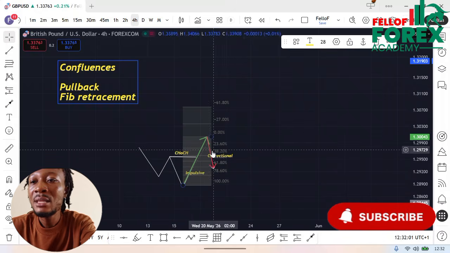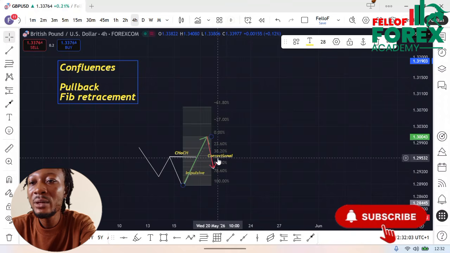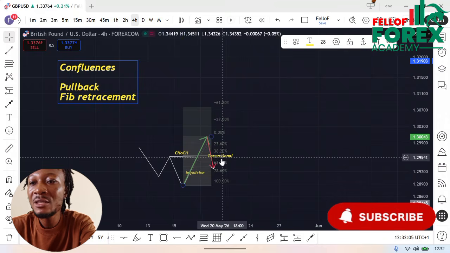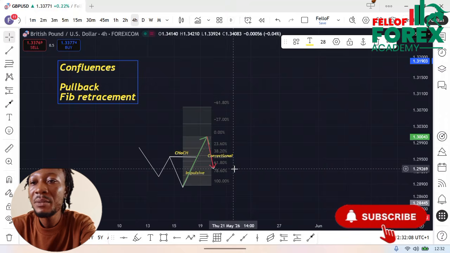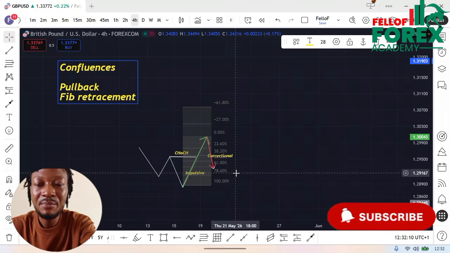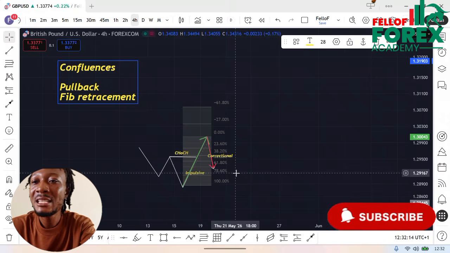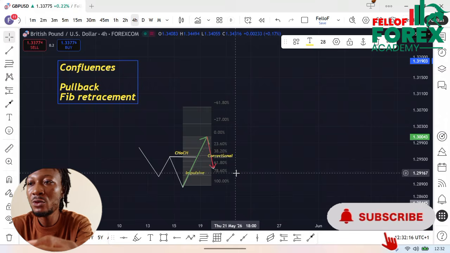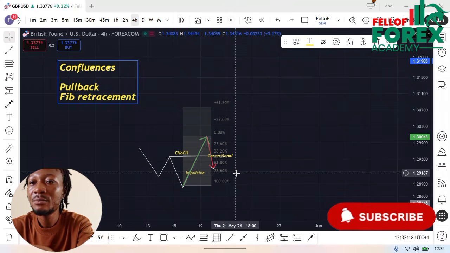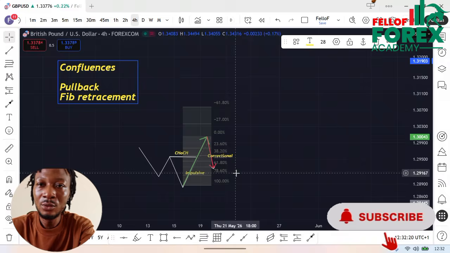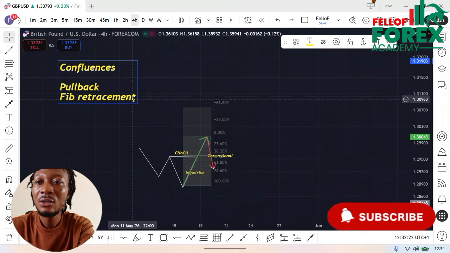So now you are expecting that price should give you a minimum of 50% retracement or 61.8% retracement. Why not even 78% retracement? Those are the Fib levels that you are expecting price to retrace to before you get your confirmation. So that is the second confluence.